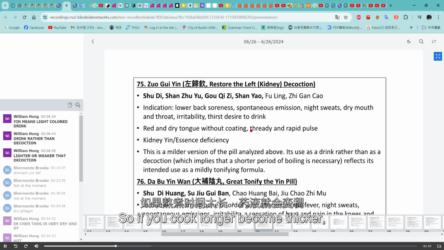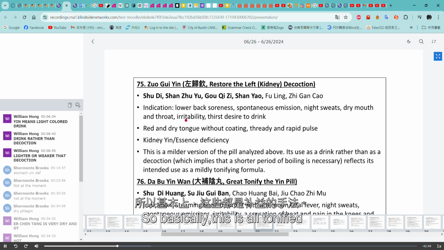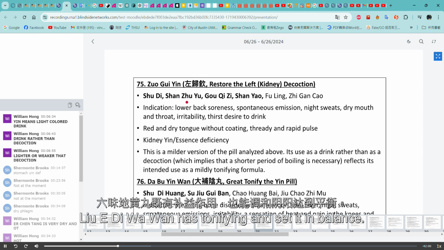If you cook longer, it becomes thicker. So in usually indicates cooking shorter than the normal cooking time, intended as a mildly tonifying formula. So basically this is all tonifying, right? No sedating. Again, Liu Wei Di Huang Wan has a set of tonifying and sedating balance.